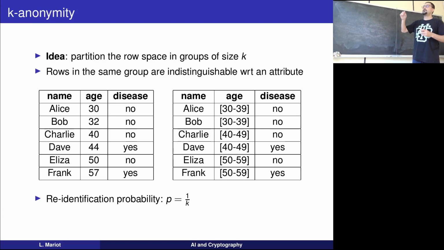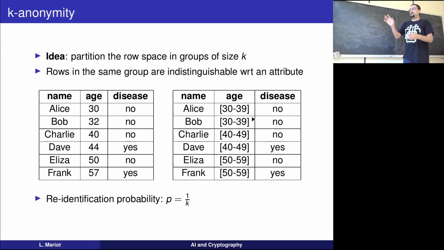So for example, if we want to group them with respect to the age attribute, we could say, okay, I'm not going to disclose the exact age of each patient, but I'm going to give a range, for example, an interval of age between 30 and 39. So Alice and Bob will be grouped in the same age group.